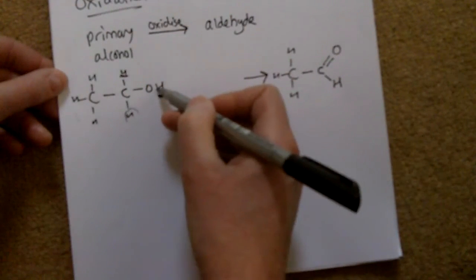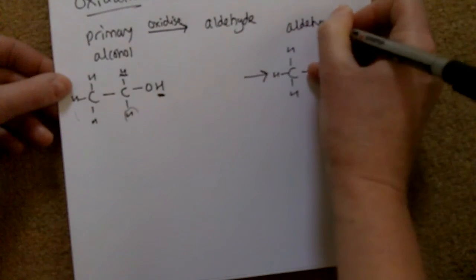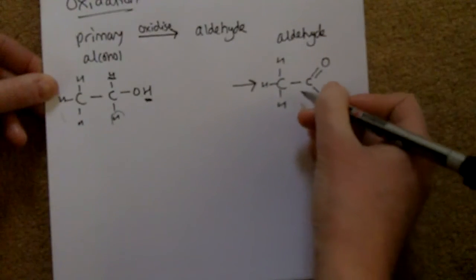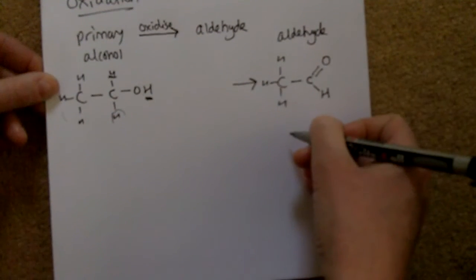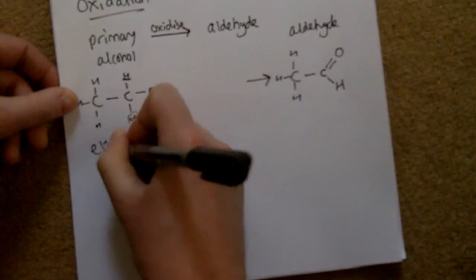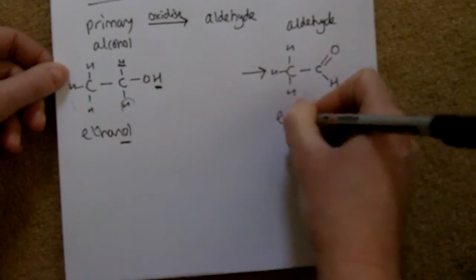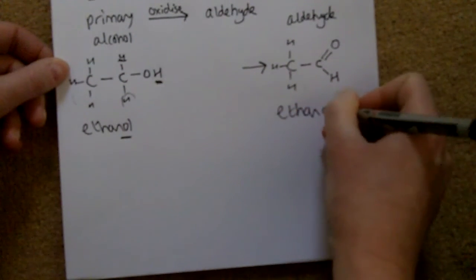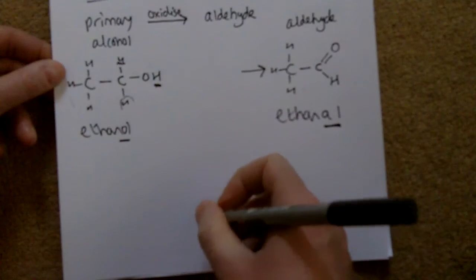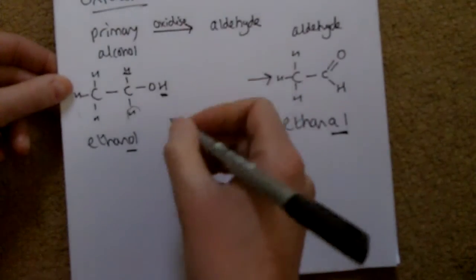Okay, 2 hydrogens, and that is called an aldehyde functional group. Okay, can you see that carbon still has 4 bonds, and so this is called ethanol for alcohol. This is called ethanal for aldehyde.